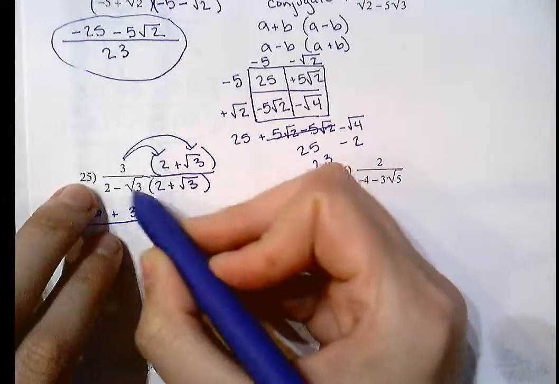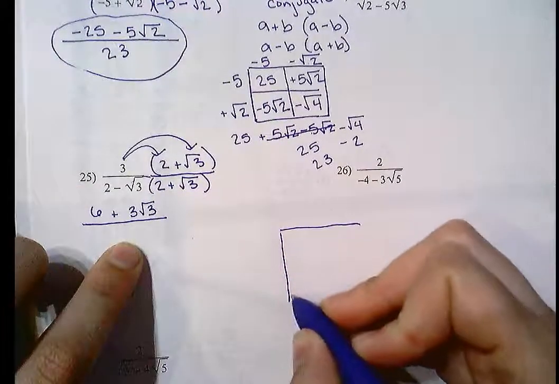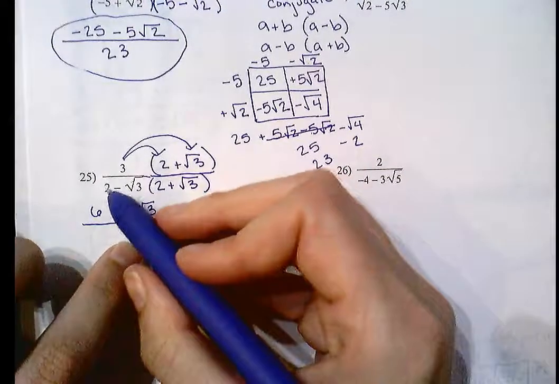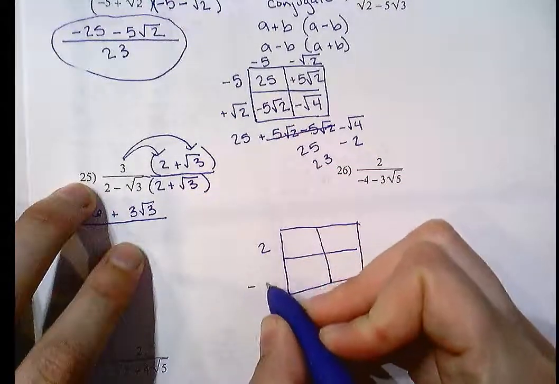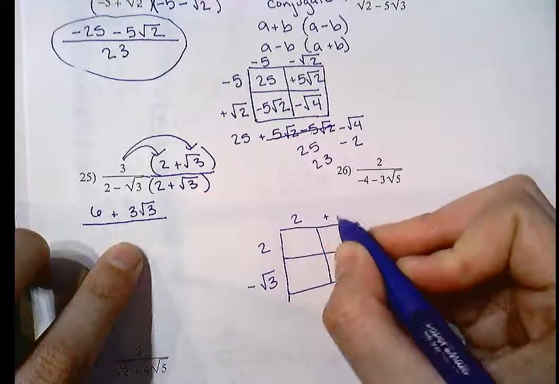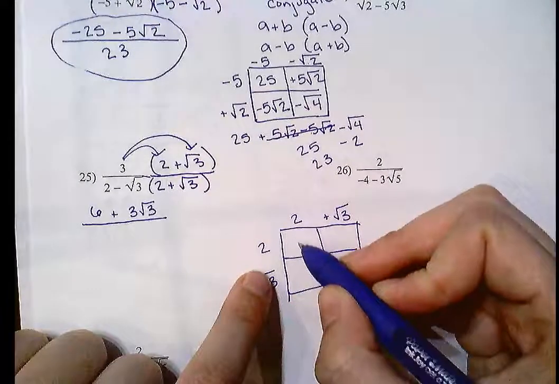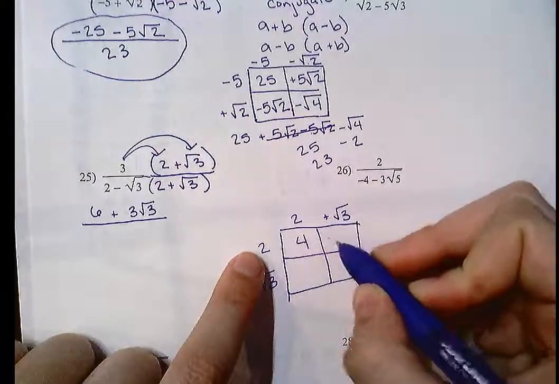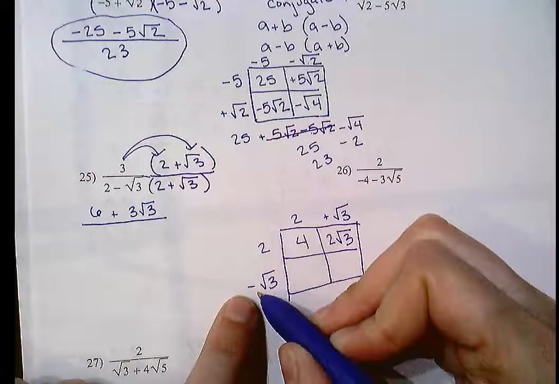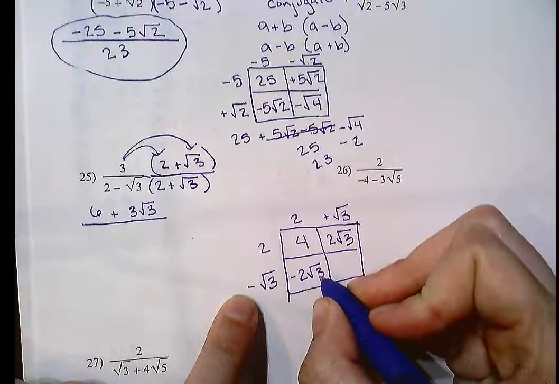I'm going to do this work on the side, just to try to keep things organized. So I have 2 minus the square root of 3 times 2 plus the square root of 3. And we start multiplying. 2 times 2 is 4. 2 times square root of 3 is 2 square root of 3. 2 times the negative square root of 3 is negative 2 square root 3.